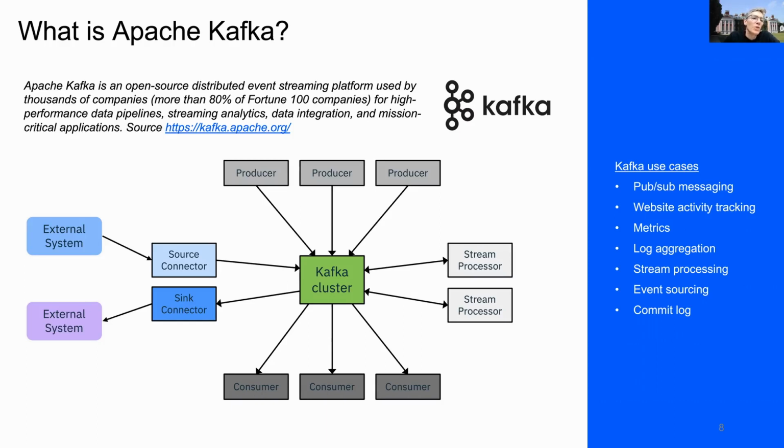That's reading topics, augmenting or adding value to that data, and then writing them back to new topics. And then you may have external systems, CICS and MQ, for example, which can write data to source connectors, which then act as the Kafka client to write data into or read data from the cluster.